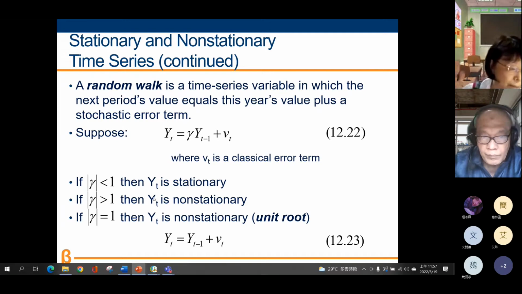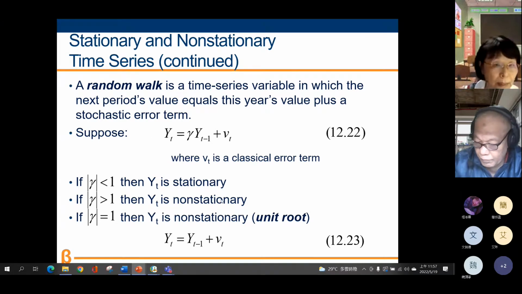The expected value of yt will continually increase or decrease. Then there's nowhere to go. We don't know where yt will go.